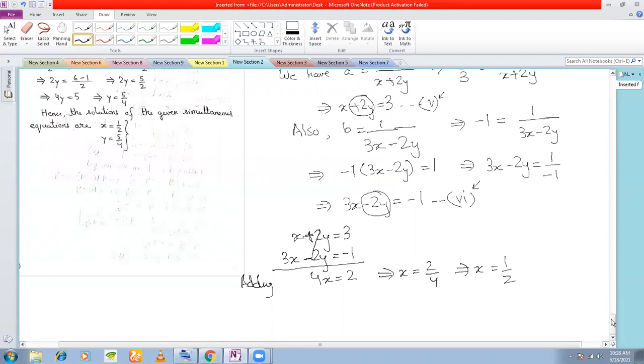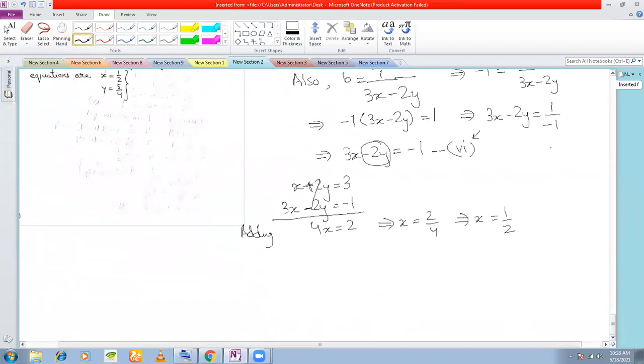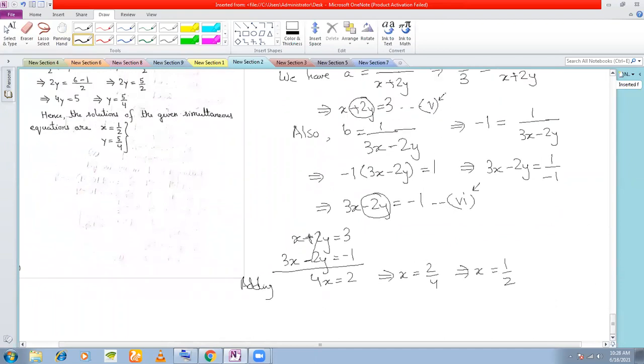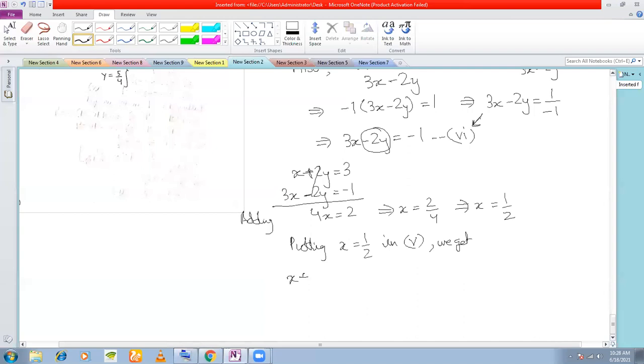Right? And how will you get the value of y? Put the value of x in any of these two equations. Either put it in 5 or you put it in 6. Let us put it in 5. Putting x is equal to half in 5, we get x plus 2y is equal to 3. That means half plus 2y is equal to 3.